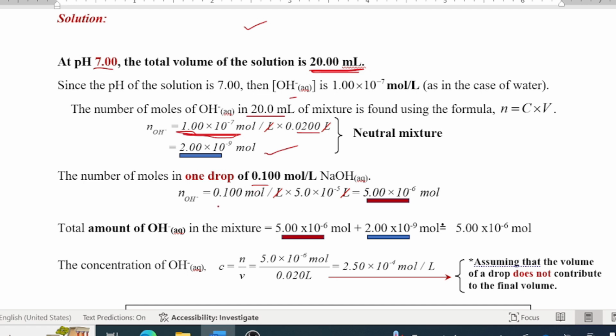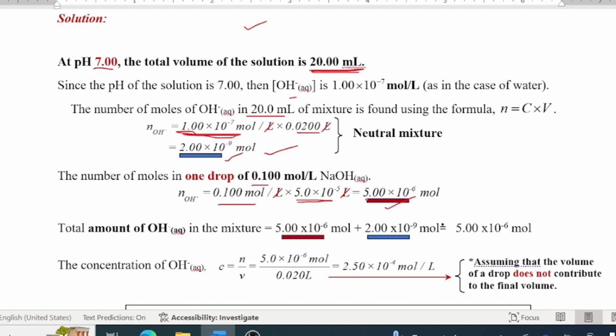This is the concentration of this sodium hydroxide, and we multiply by the volume of the 1 drop. This is the amount of sodium hydroxide that 1 drop of it will have. So we are adding that to that amount.